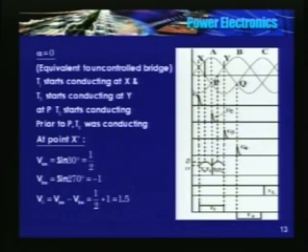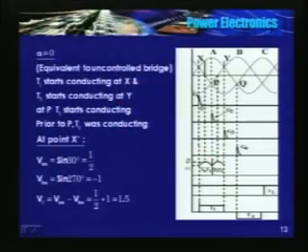I will draw the output voltage waveform for alpha equal to 0. Alpha equal to 0 is the same as an uncontrolled bridge. Let us see how the waveform looks. At point X, T1 is triggered. At point P, T2 is triggered. The device connected to phase C, that is 2, is triggered. At Y, the device connected to B phase in the upper half is triggered, that is T3.